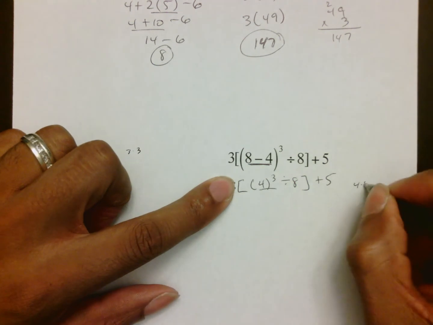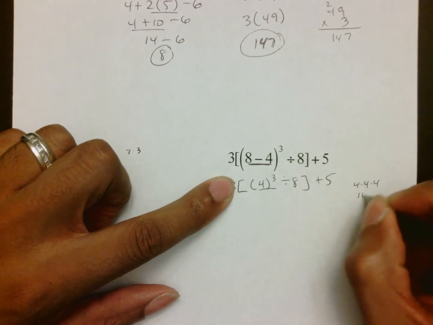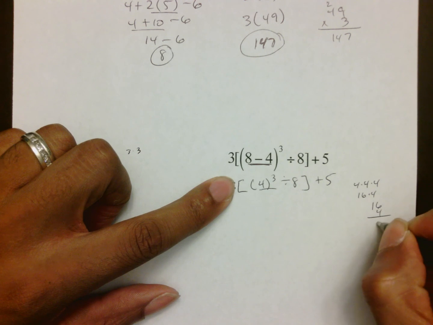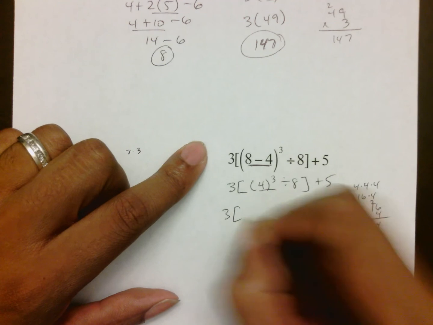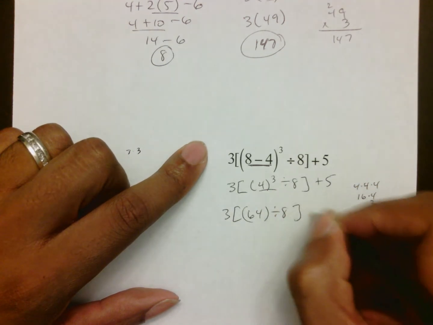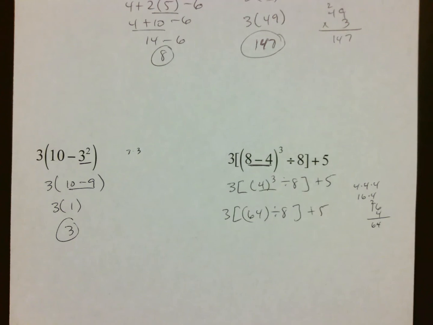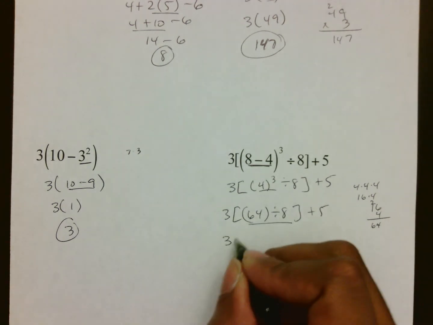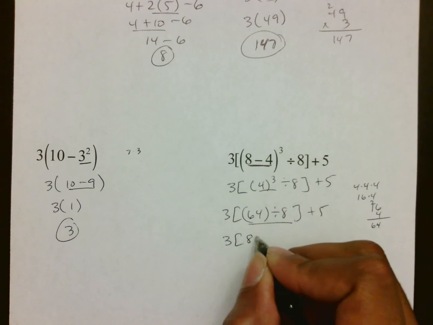So we do 4 to the third, which is 16 times 4. That is 24, carry the 2, 4, 5, 6. So 3 bracket 64 divided by 8 close plus 5. Now on the inside we have 64 divided by 8, which we know to be 8.